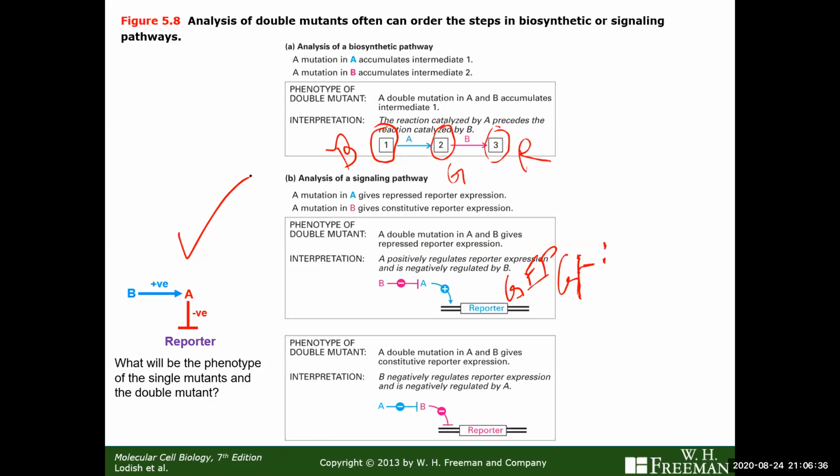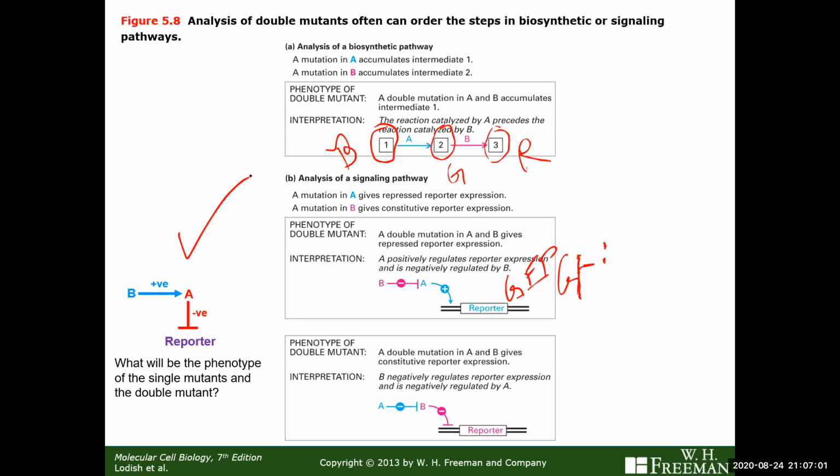So that way you can order them. These are very interesting, like puzzles, okay? You have these individual data, the mutant phenotype in A, in B, and in the AB double, and you have to order them. So you will try to fit the jigsaw puzzle, and you will get it. It is a lot of fun.